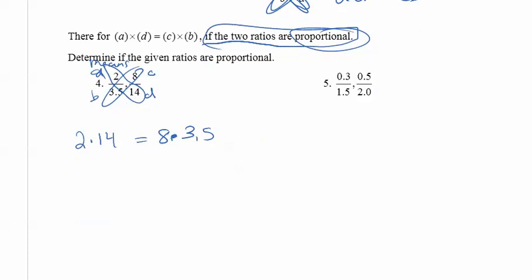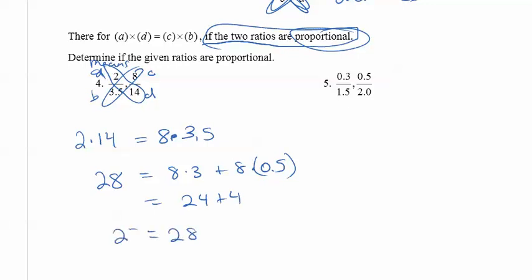In that case, 2 times 14 is 28, and then 8 times 3 plus 8 times 0.5: 8 times 3 is 24, 8 times 0.5 is 4, so 24 plus 4. Well, guess what? That comes out to be 28.